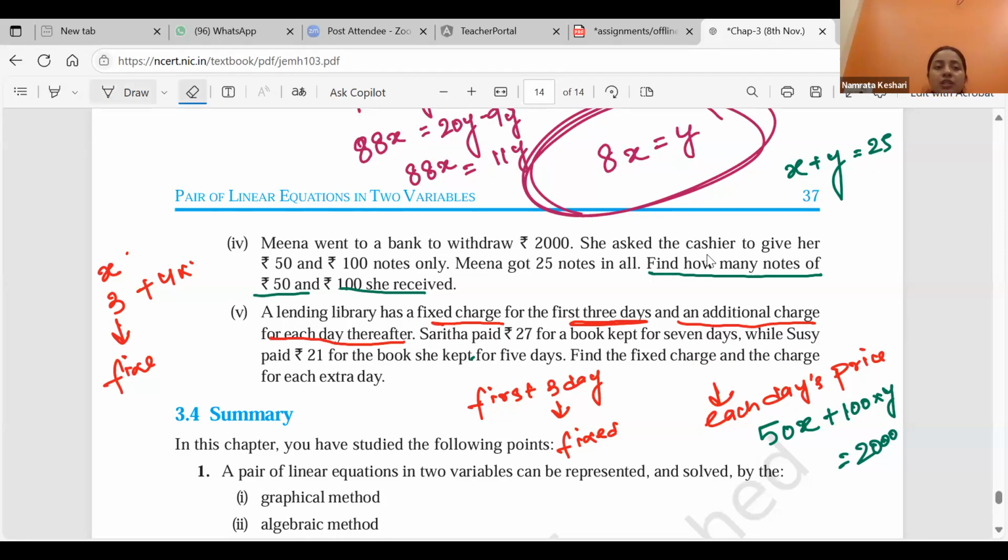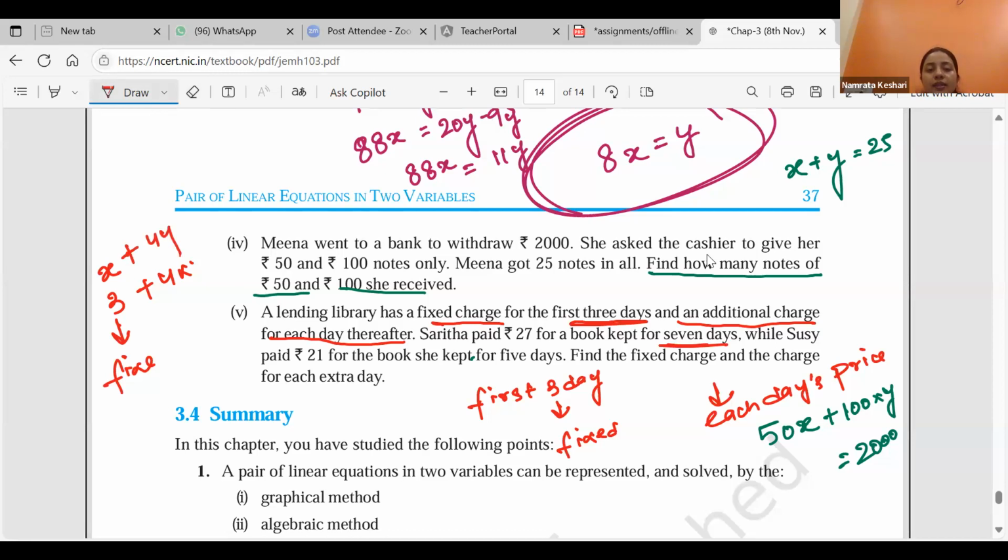So 3 days is just given to you, so you should subtract it from the total number of days, 7 days. We will be taking x plus 4y, that is 27 rupees. You know that, right? Yes, ma'am. Okay, so we are done.